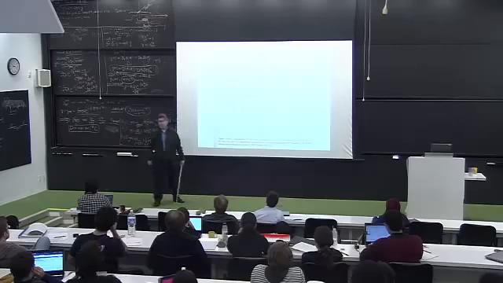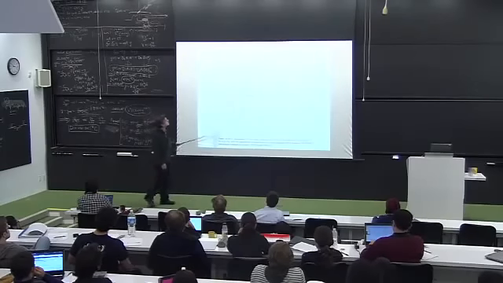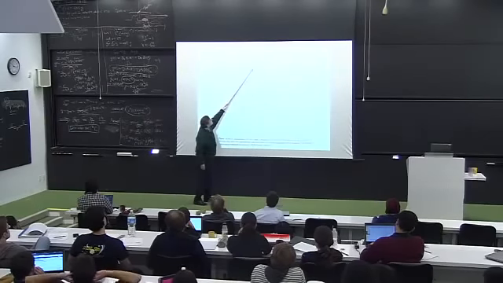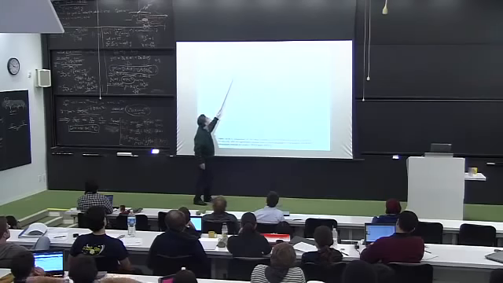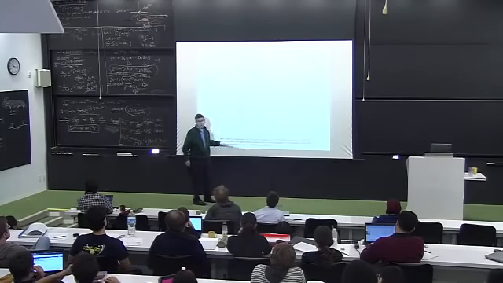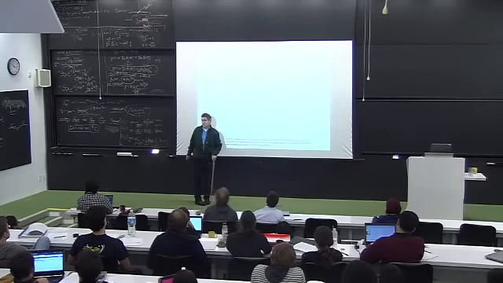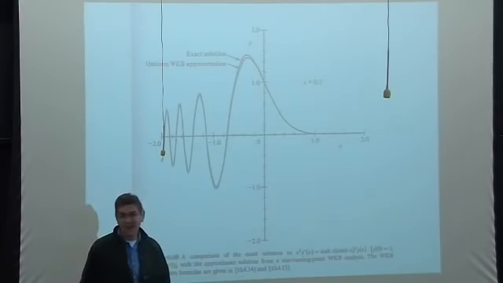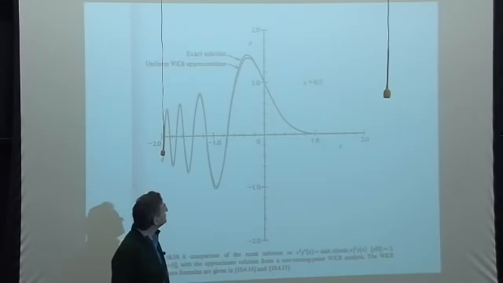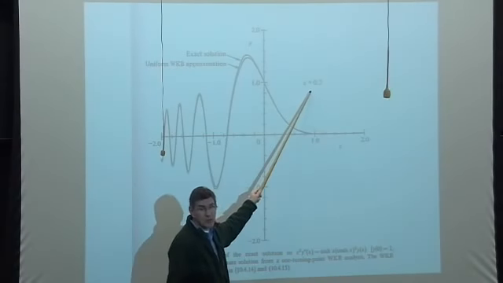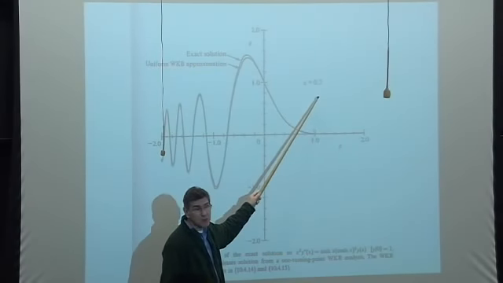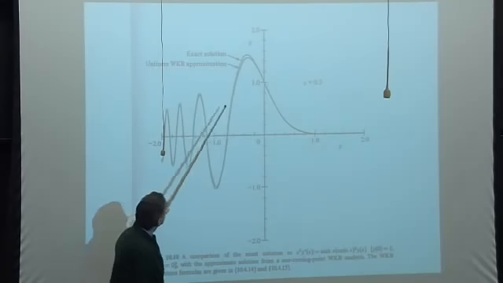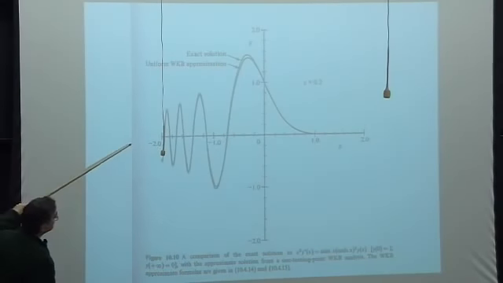So I plotted it. And here is the exact solution, and here is the WKB approximation that we derived. When you make a plot of it, I hope you're impressed. Now, this is epsilon equals 0.2. This is only valid as epsilon goes to 0, but here's epsilon equals 0.2. You notice the solution is oscillatory over here.